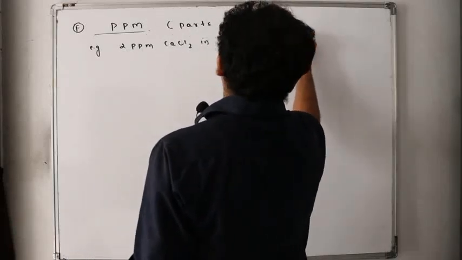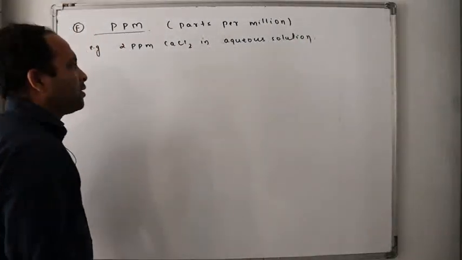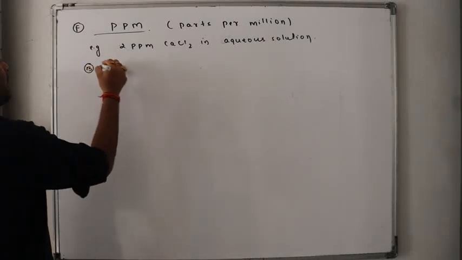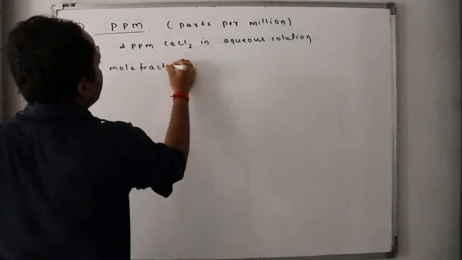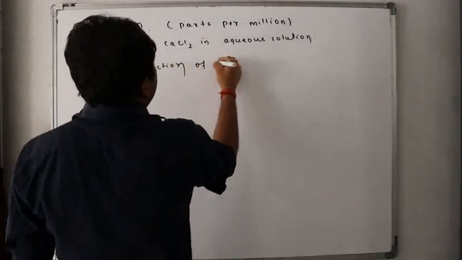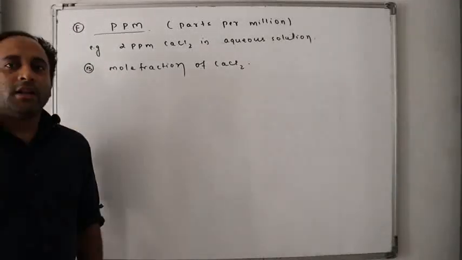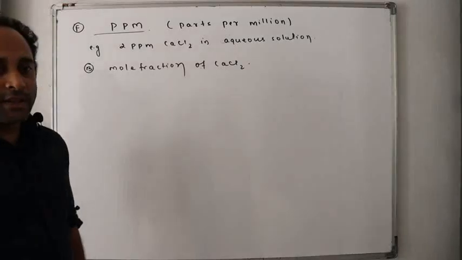If it is given 2 ppm CaCl2 in aqueous solution, what do you learn from this? And the next question is to find the mole fraction of CaCl2. How to find mole fraction here?